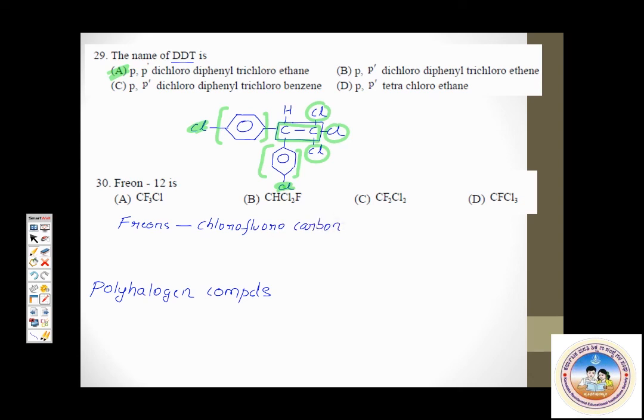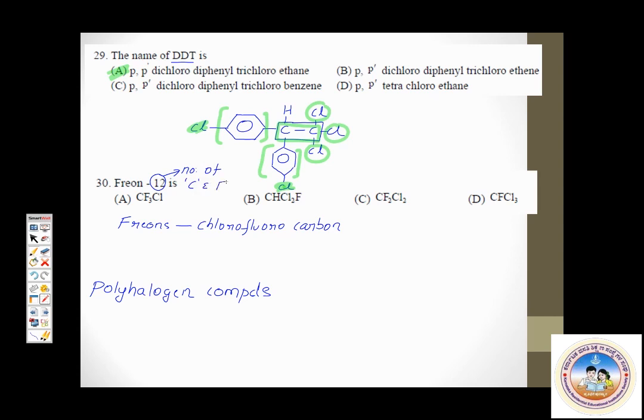Simple hydrocarbons. Now they are named. The number here signifies the number of carbon and fluorine atoms. First number represents carbon atom, second number represents the number of fluorine atoms.